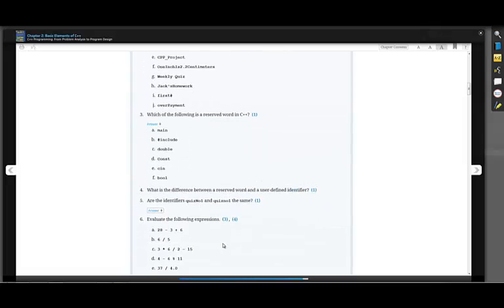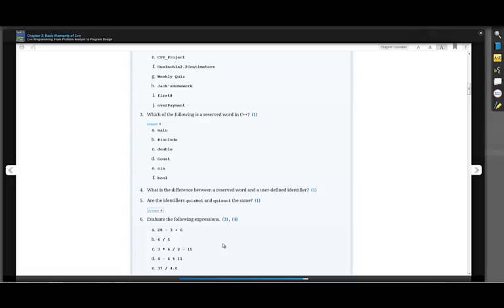Okay, number 3, which one of the following is a reserved word? Well, a keyword is a reserved word defined by the system. A keyword cannot be redefined in the program. You can't change that. That was built into the compiler. A user-defined identifier can be redefined.